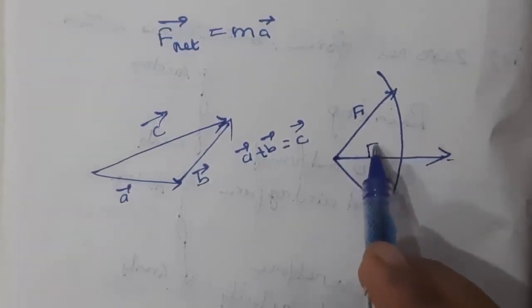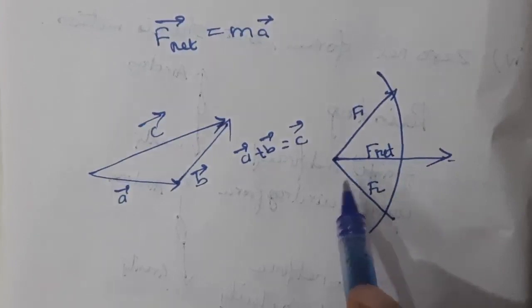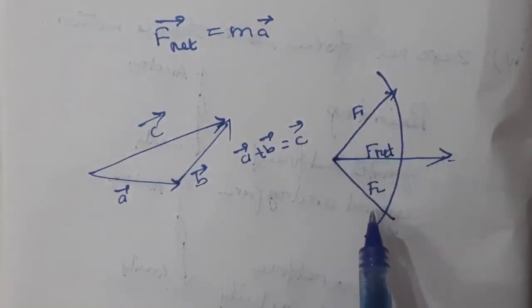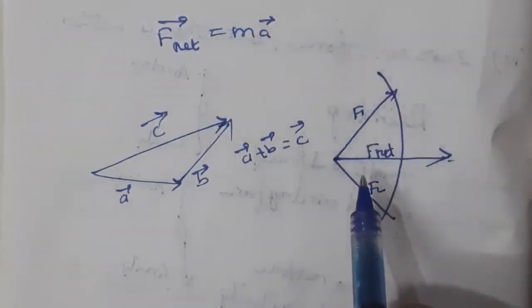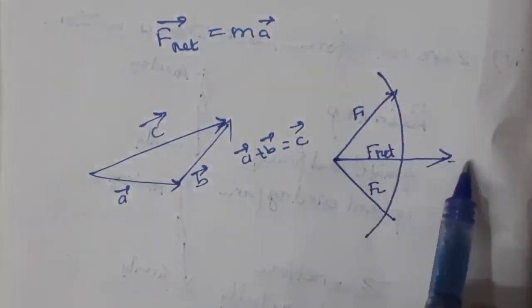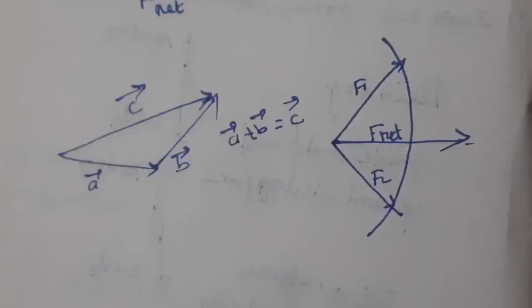So this is the net force direction. F1 and F2 are the two forces acting along the string. This is bow and arrow. So the arrow passes along the net force direction. Here the direction of acceleration is in the direction of net force.